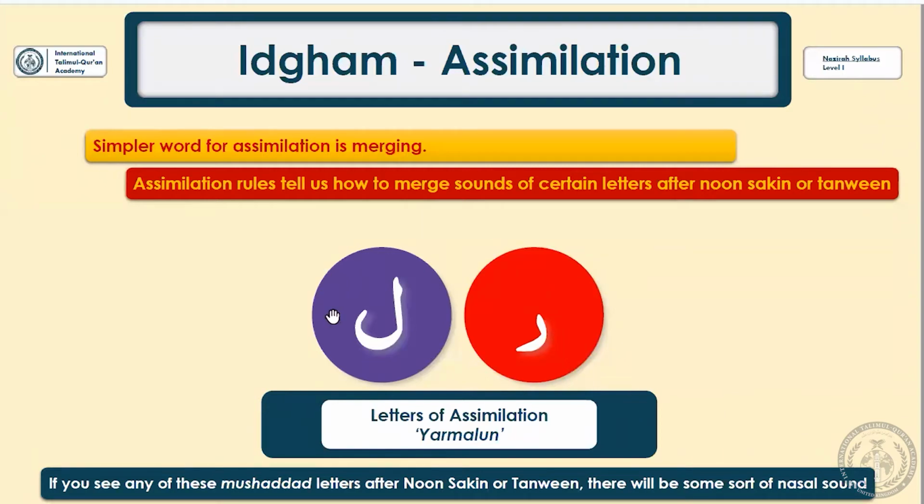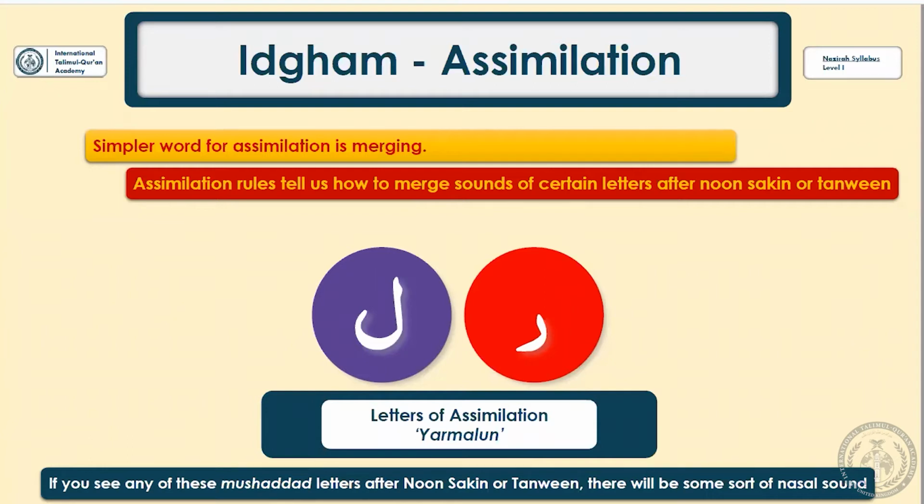The ones we will look at today are Ra Mushaddad and Lam Mushaddad. These are the last 2 that we need to learn about. If you see a Ra Mushaddad or a Lam Mushaddad after a Noon Sakin or a Tanween, you need to apply the rule of assimilation or Idgham. So merging will take place there.